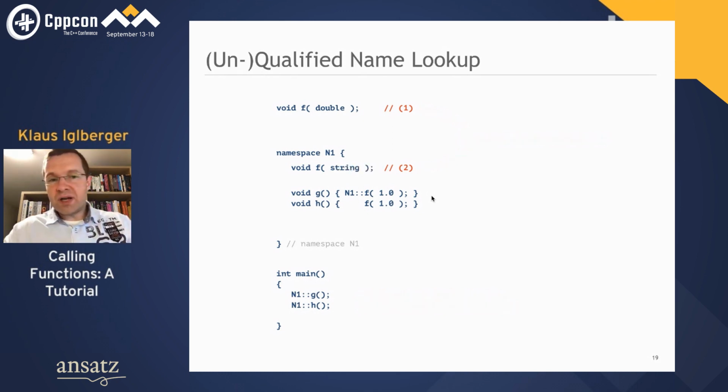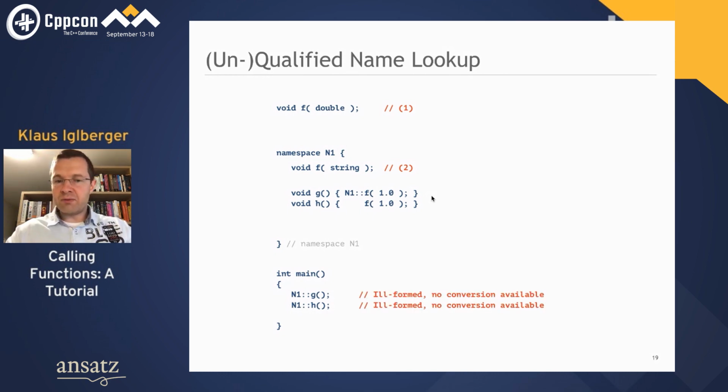This is even true if f takes a string argument. The compiler would only find this particular f, and so both calls, both the call from g and the call from h, would be ill-formed. The compiler comes up with function 2. This is the only function that the compiler comes up with.